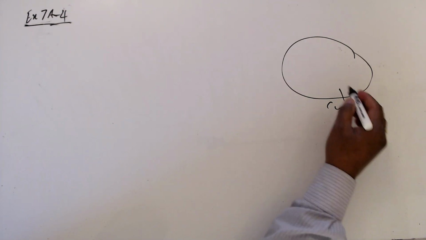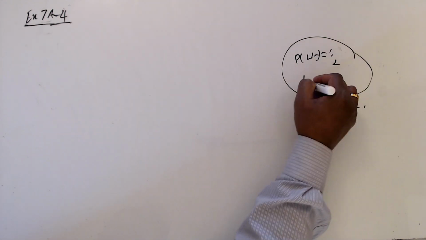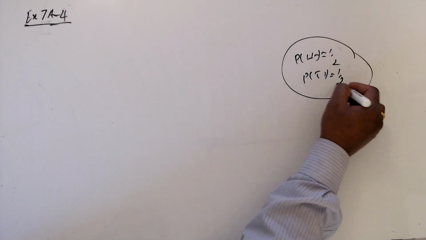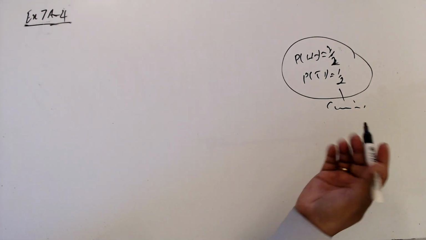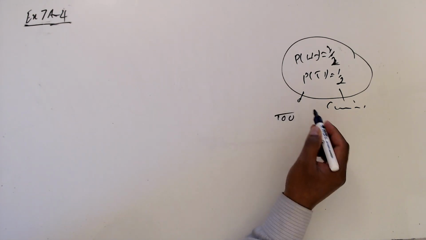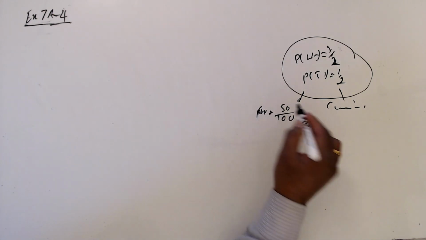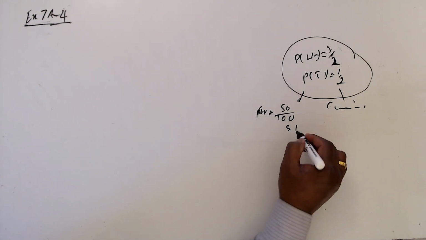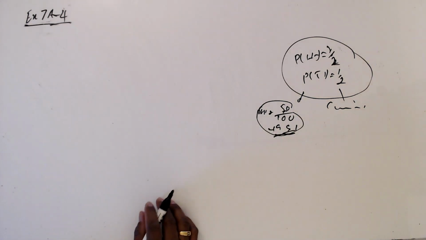Usually the probability of getting head is half, and the probability of getting tail is half. So the test is you toss 20 times or 100 times, and if you get heads around 50 or 51 or 49, very close figures, then probably the coin is unbiased.